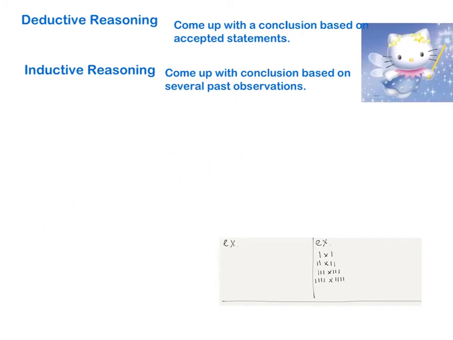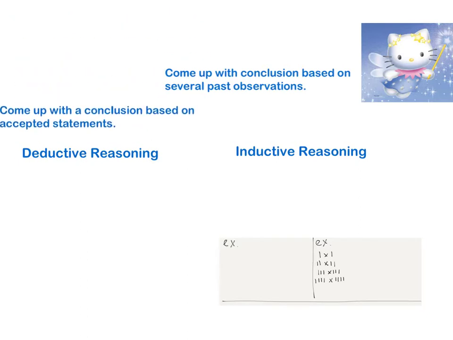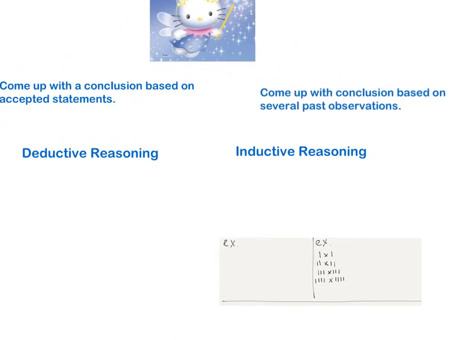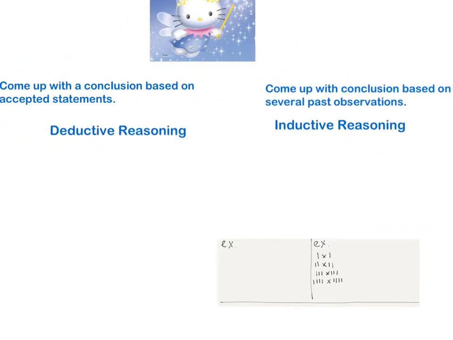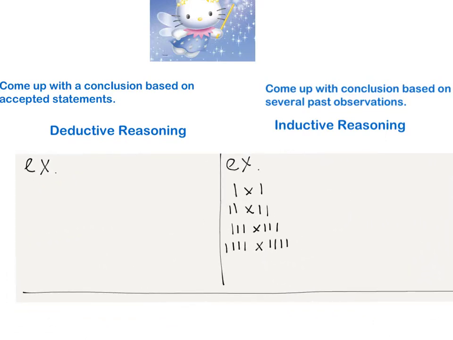Let's move this stuff around a little bit. Let me give you an example of deductive reasoning and inductive reasoning. All right, here we go. Here's an example of deductive reasoning, okay? Stay with me here. One thing I know for true is that all fish live in water.